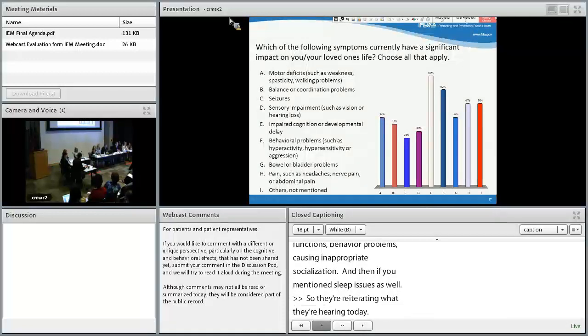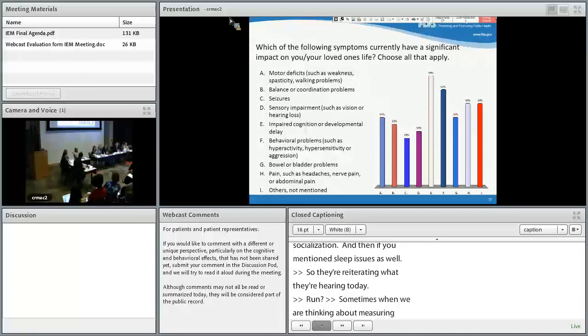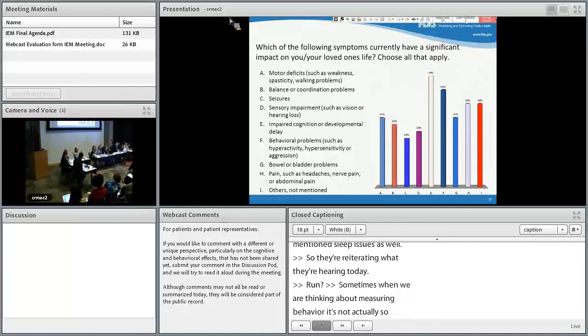Ron? So sometimes when we're thinking about measuring behavior, it's not actually so clear if there's an unwanted behavior that goes away, are there desirable abilities that go away? And we've heard a little bit about that with some of the medications, I think.